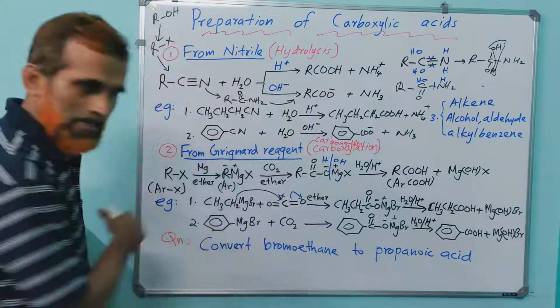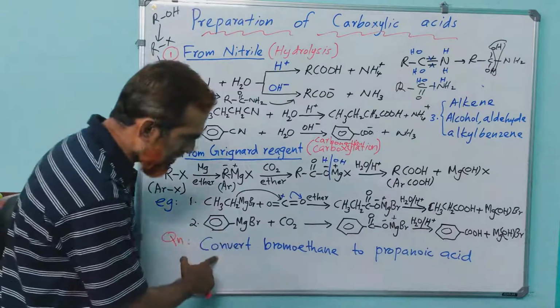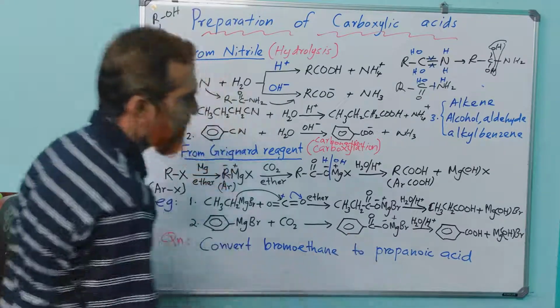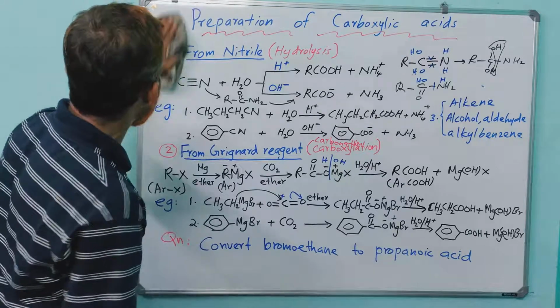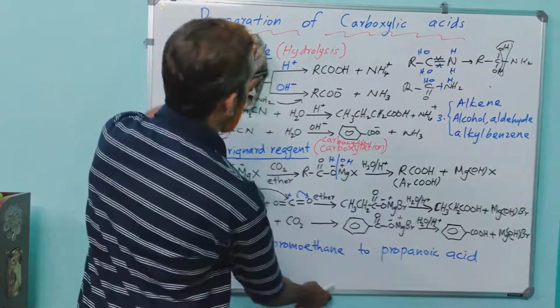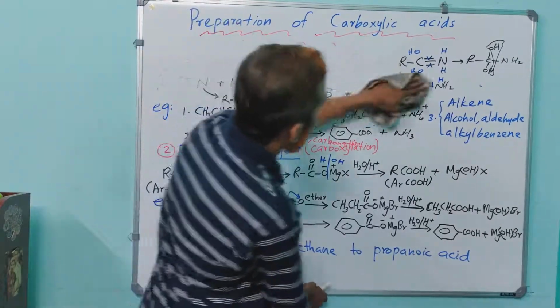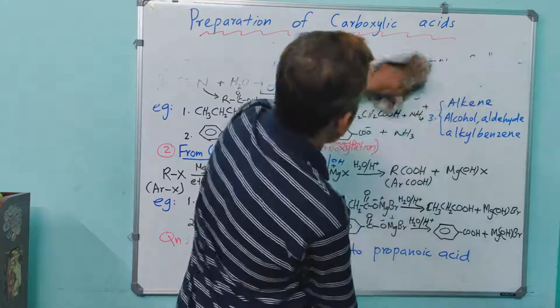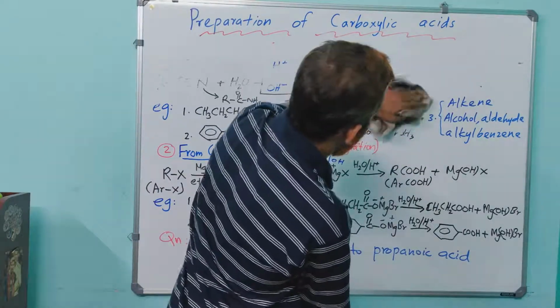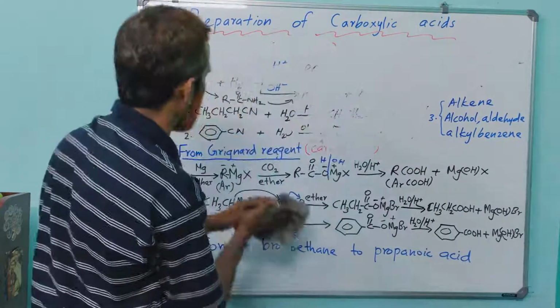We can see a question down here. Try to do this. Convert bromoethane to propanoic acid. How can you do it? How do you design or plan a synthesis?